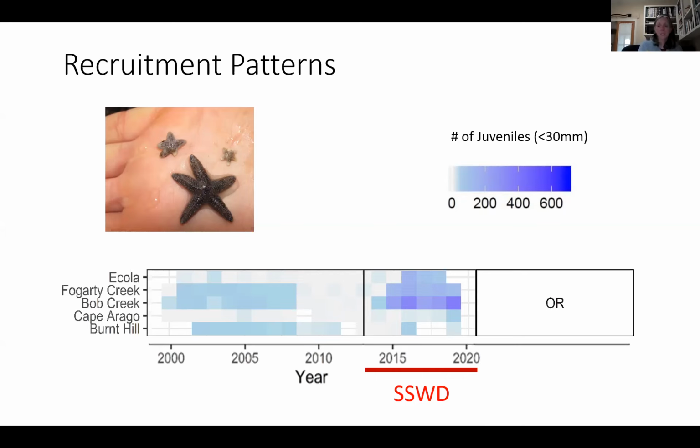Anecdotally, it seems like leather stars are maybe the least impacted, but we do see individuals even of leather stars with signs of disease. So I would say this is the species that we have the best data for. Most other species tend to be rare in the intertidal.